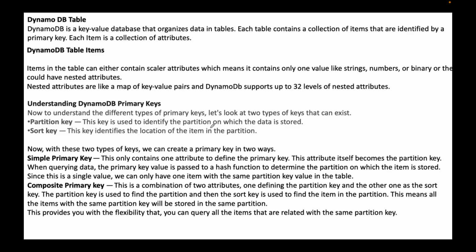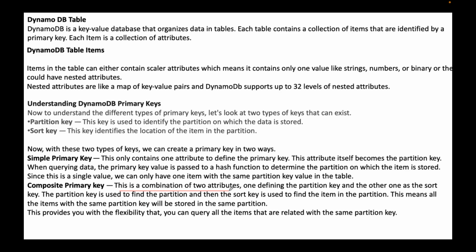With the partition key and sort key, you can create a simple primary key. A primary key is like a unique key that you can use to identify the document, the data in the DynamoDB table. Otherwise, with multiple attributes, you can create a composite primary key. A composite primary key is a combination of two attributes, like employee ID and organization ID.